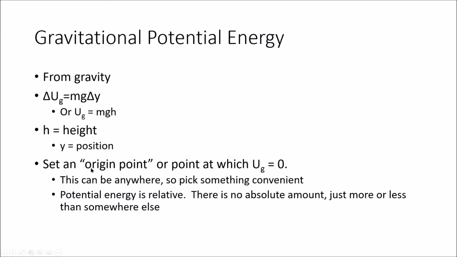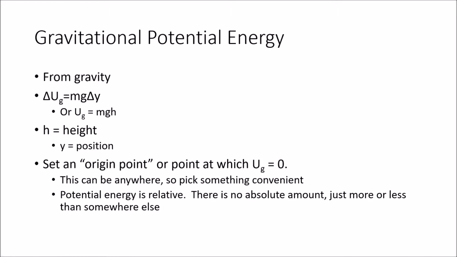We need to set an origin point at which the gravitational potential energy is equal to 0. And we can set this to be anywhere in the universe that we want. So we should try to pick something convenient. Potential energy, any kind of potential energy, especially in this case gravitational potential energy, is relative to something.